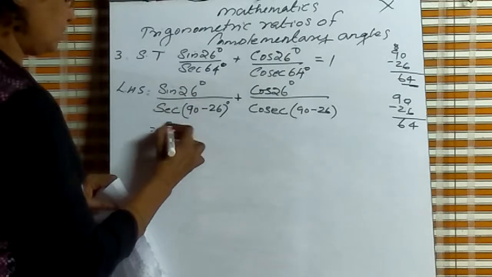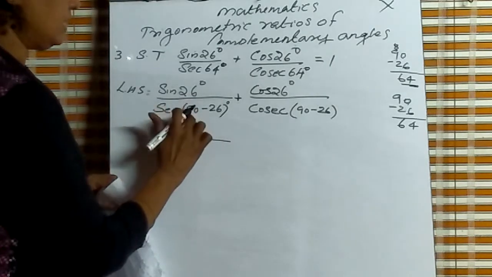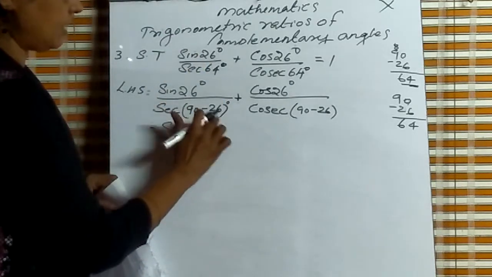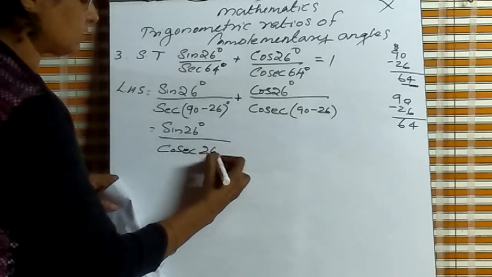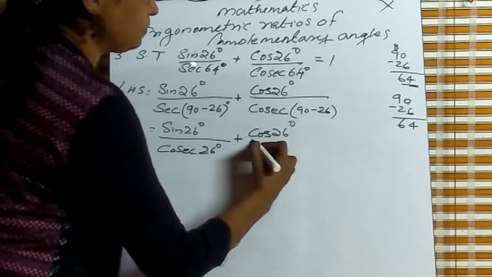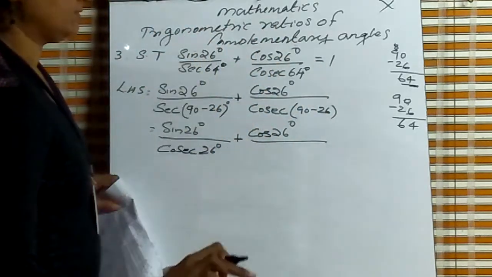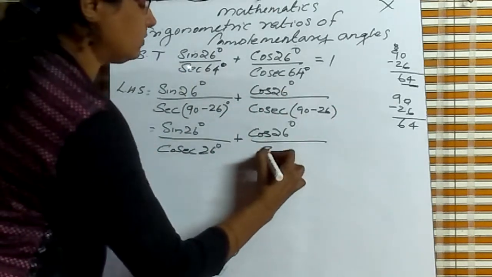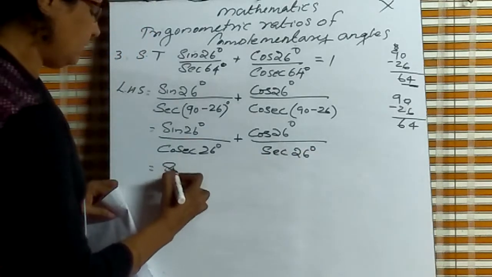So we get sin 26° divided by sec(90° − 26°). Sec(90° − A) is cosec A, so sec(90° − 26°) is cosec 26°, plus cos 26° divided by cosec(90° − 26°). Cosec(90° − A) is sec A, so cosec(90° − 26°) is sec 26°.